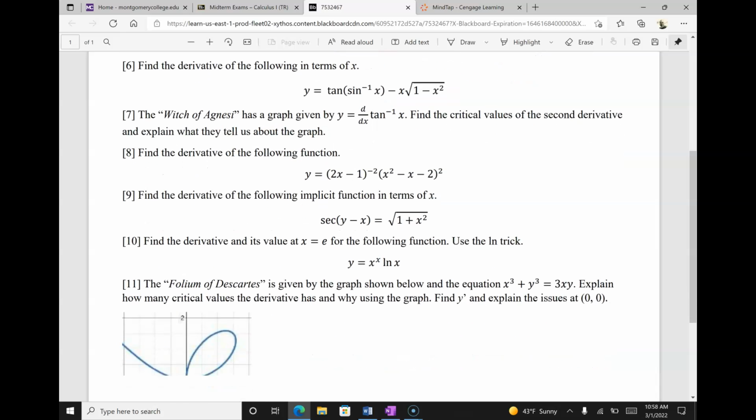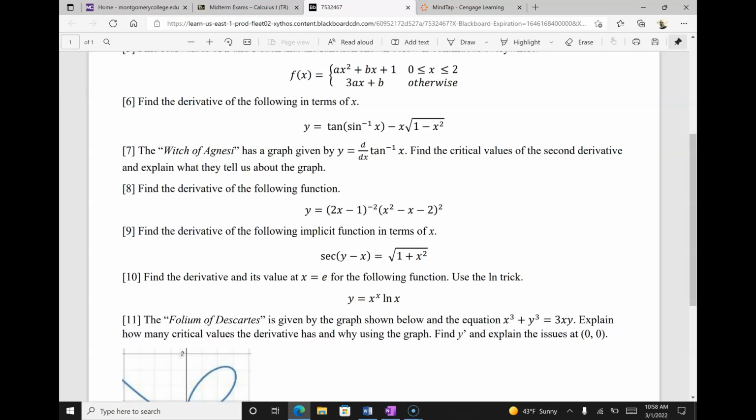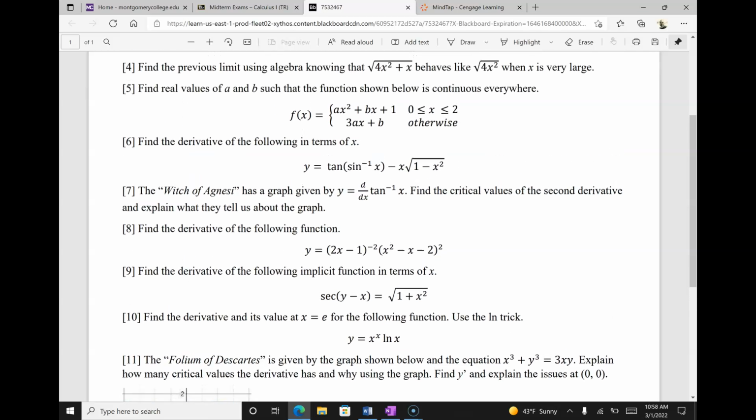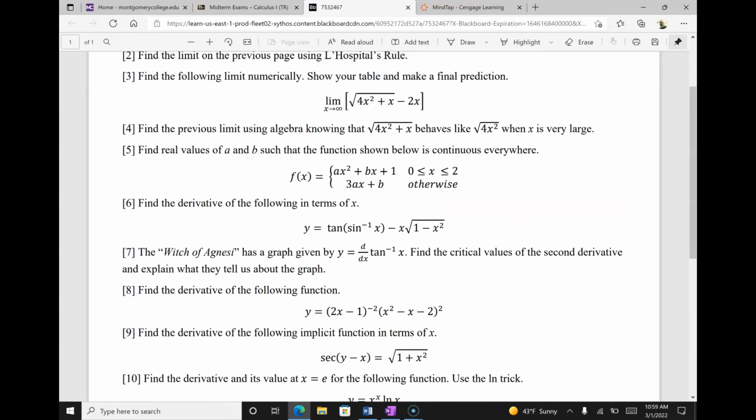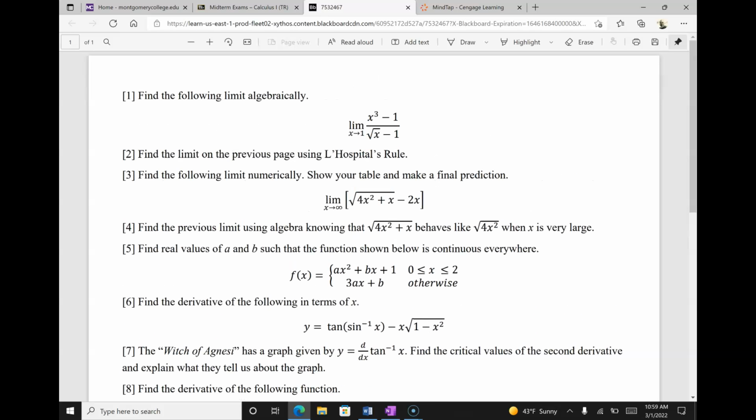This one's a little bit complicated. So on this one, certainly could do the first one, second one. Third one is a limit at infinity. I'm not doing those, right? So third and fourth one we're not doing, limits at infinity.